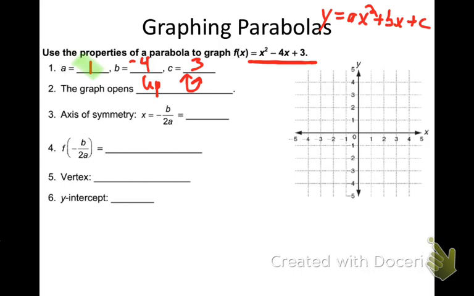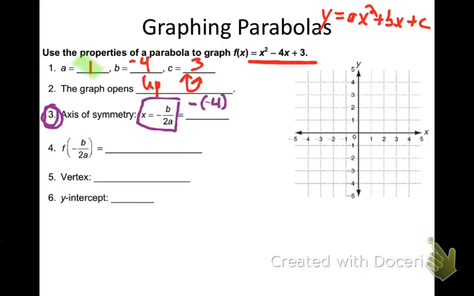Number 3. This is the one that is key. This is the one we're going to have to do a lot of today. Axis of symmetry. X equals negative b over 2a. So I'm taking the b value I found in step 1 and the a value I found in step 1. So this is going to be negative negative 4.